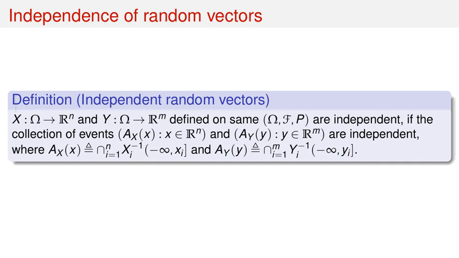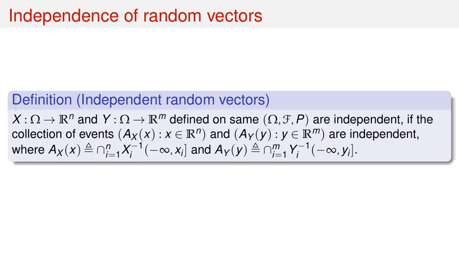We can also define independent random vectors. Two random vectors X from Omega to R^n and Y from Omega to R^m, defined on the same probability space (Omega, script F, P), are said to be independent if the collection of events A_X(x) for x in R^n and the collection of events A_Y(y) for y in R^m are independent.